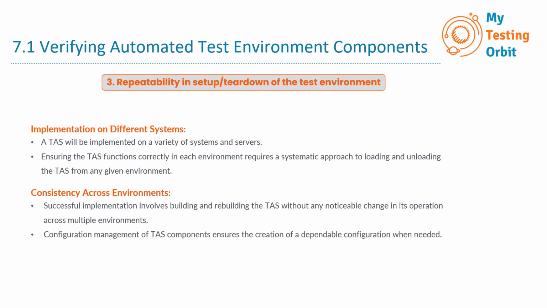This management system guarantees that each part of the test automation solution is arranged and set up in a consistent and dependable manner every time. So it's like following a set of instructions that always lead to the same reliable outcome and ensures that the TAS components are structured correctly and consistently whenever they are put together.